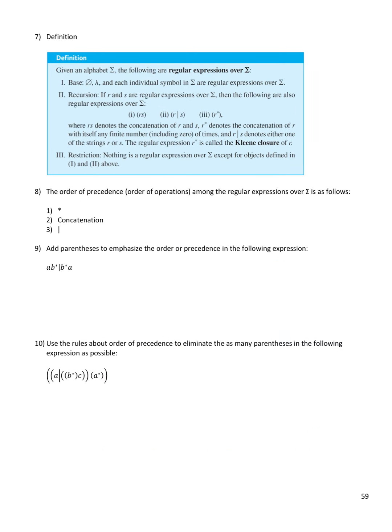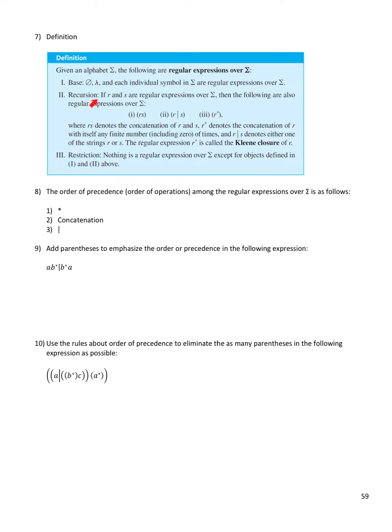Another definition: if we're given an alphabet sigma, we define something called a regular expression over sigma. The empty set, the null string, and each individual symbol in the alphabet are regular expressions over sigma.